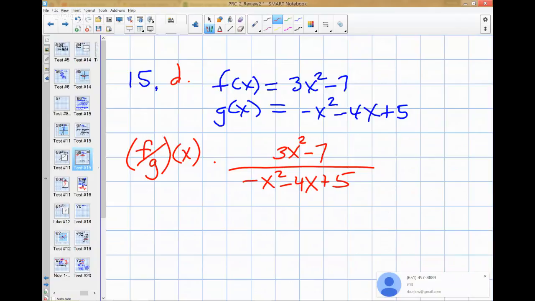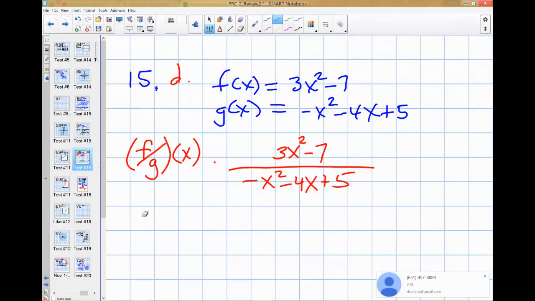Now, is there anything we can do to simplify this? I think I would attempt to factor. Let's just see. It's not looking real good with the top. Even if we factor the bottom, we can't factor the top. But what we could say is that this denominator can't be 0.